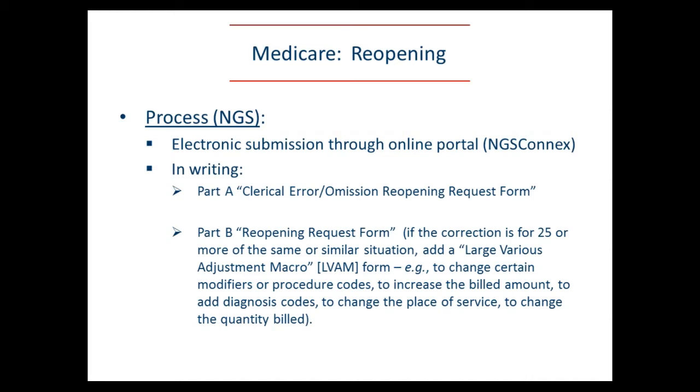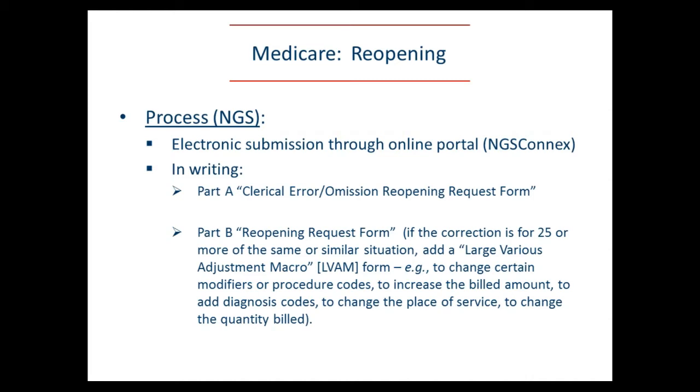On top of that, if you're dealing with multiple claims in a reopening context, 25 or more claims that present the same or similar situation, there's yet another form that you need to attach to the reopening form called the large volume adjustment macro. And you see there on slide 31 certain specific examples of when that may be appropriate to use.